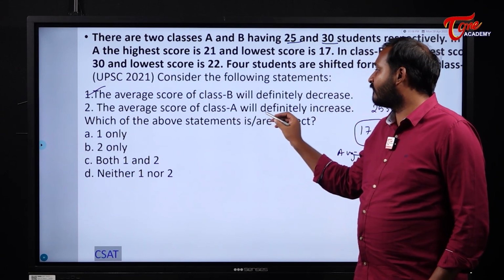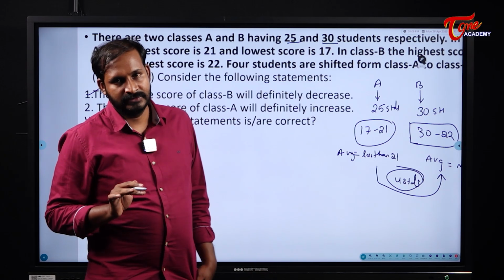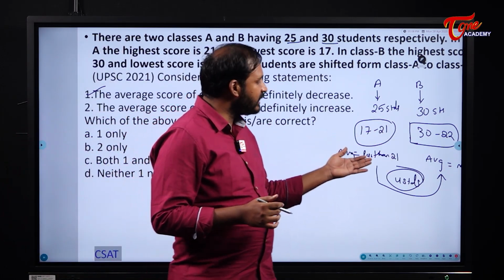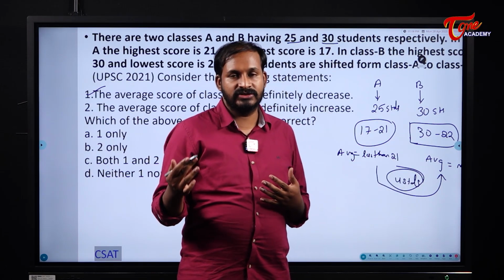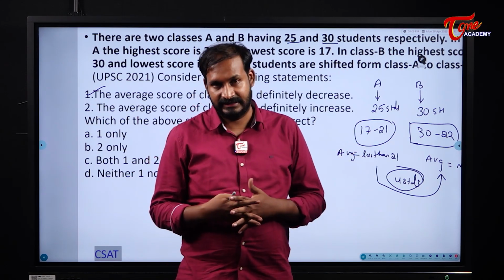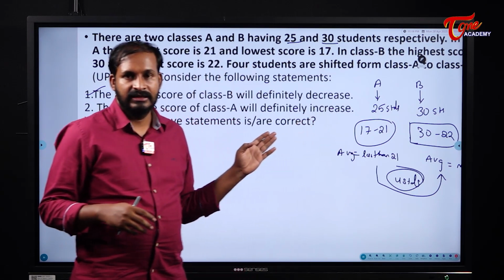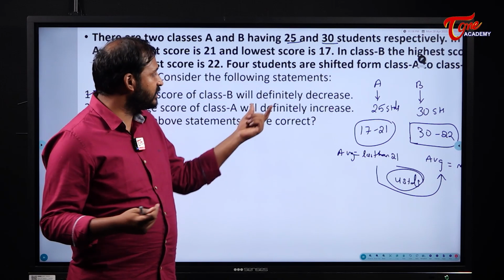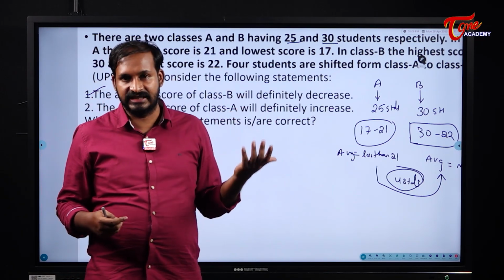Next, the average score of class A will definitely increase? We cannot say definitely. Why? Sir, here 4 are remaining. Yes, but we don't know whether the students who left class A for class B are the ones who scored more marks or less marks. If they had mentioned that students who scored less marks were shifted, then I could say that the average has increased.